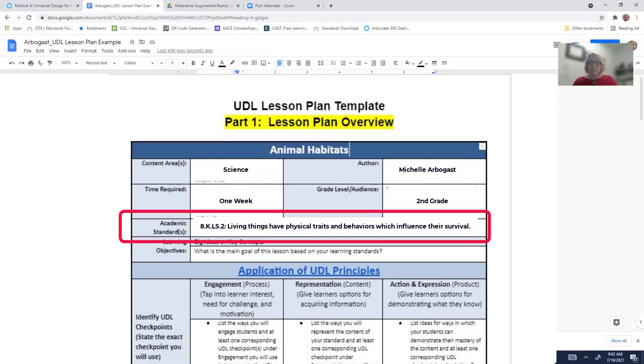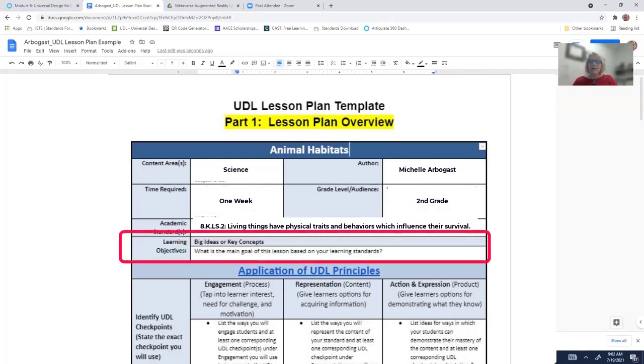That was the theme. The next is the learning objectives, or what is the big idea or goal of this lesson plan? And the goal of my lesson plan is going to be for students to be able to recognize that animals need different environments to survive.